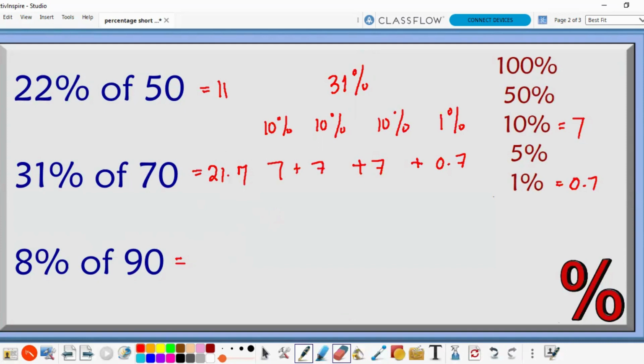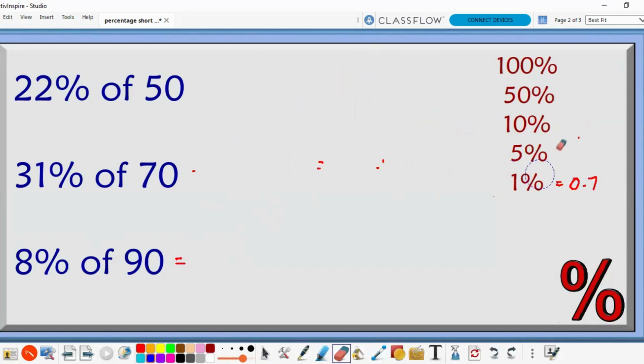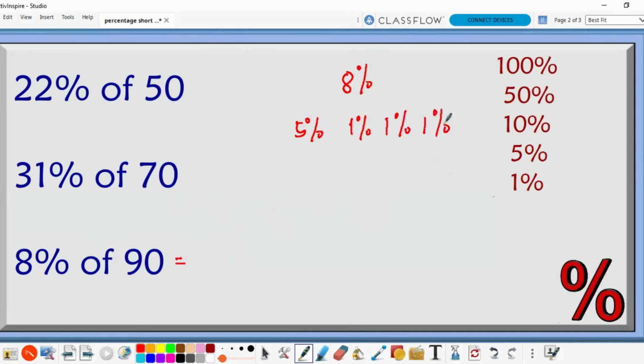Next, we have 8% of 90. We know that we need 1 five and 3 ones. So 5% of 90. Of course, we know that 10% of 90 is 9. Therefore, 5%, half of 9, is 4.5.